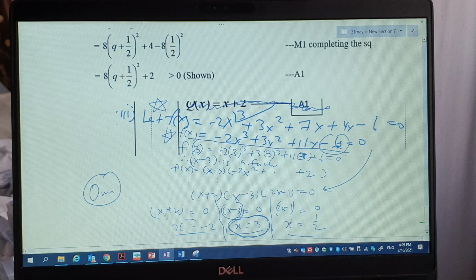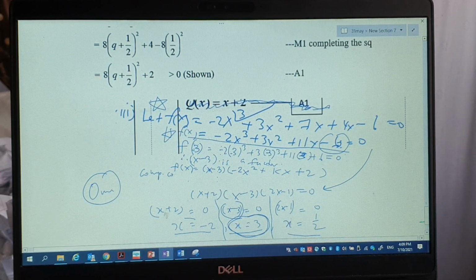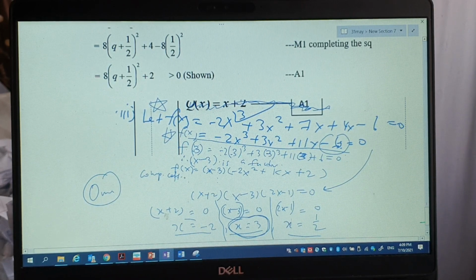Now in between you write plus kx. Okay? Then you say compare coefficient of x. The x here is 11, so you put here 11. Then the x for this is, you see, 2x, so it's plus 2 here, right?